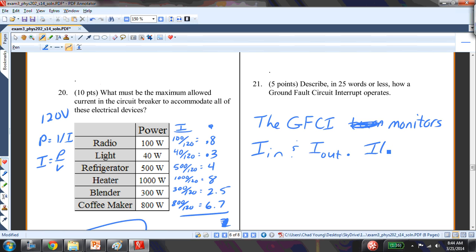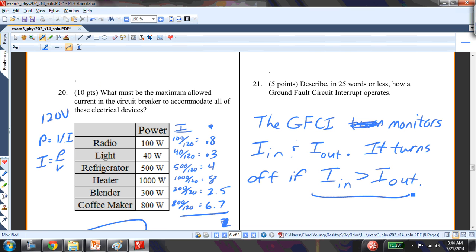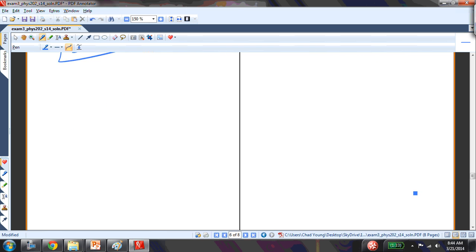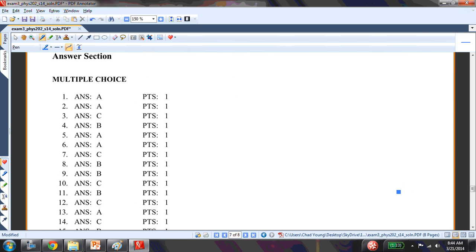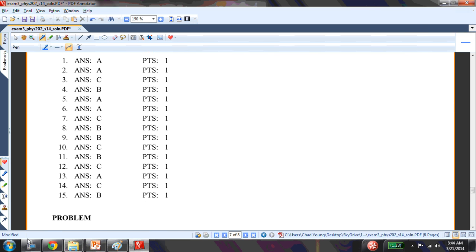It turns off if I in ever exceeds I out. That's enough. How many words is that? 1, 2, 3, 4, 5, 6, 7, 8, 13 words. Okay, it's very simple. I'm just looking for this, basically, that it turns off if the input current exceeds the output current. I think that's all. There's the multiple choice answers. We'll stop.